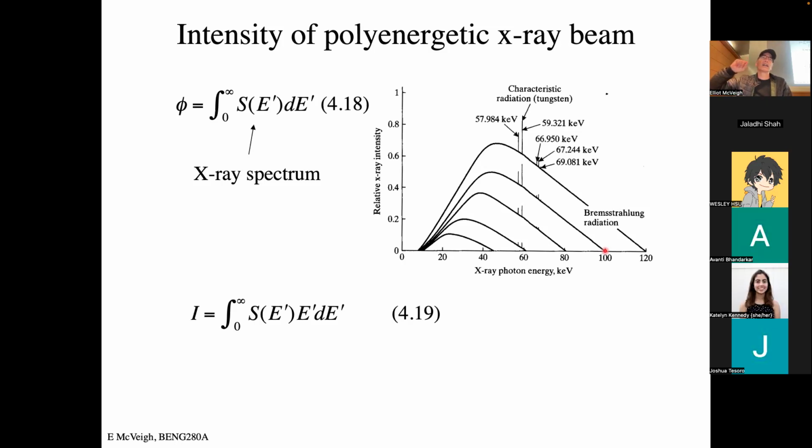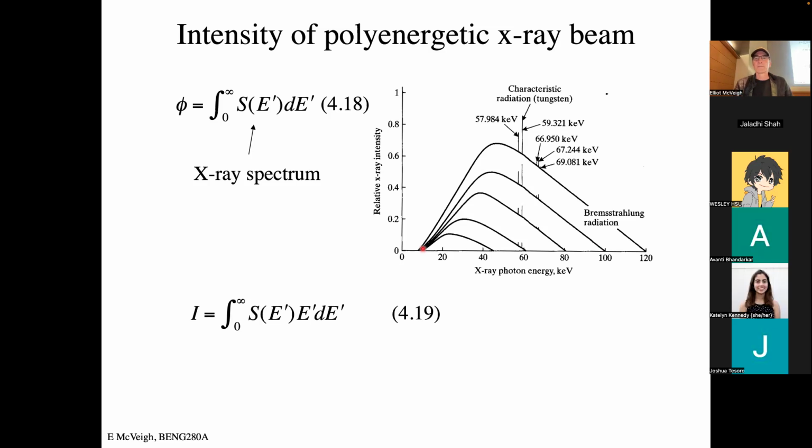That means the highest energy X-ray I can have coming out of that tube is 100 keV, kilo electron volts, right? Because it's an electron accelerating through there. And so that's the highest energy I can have. And then this is the relative number of photons at all the other energies between that and zero.